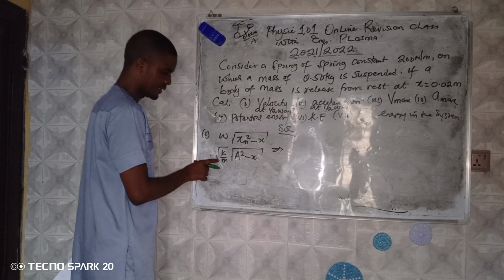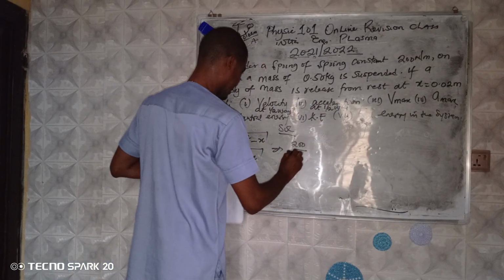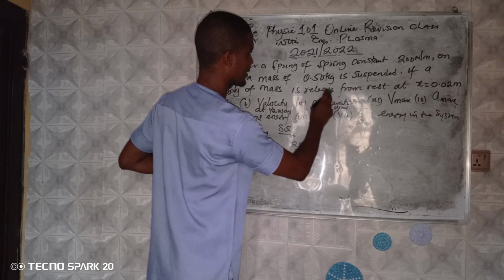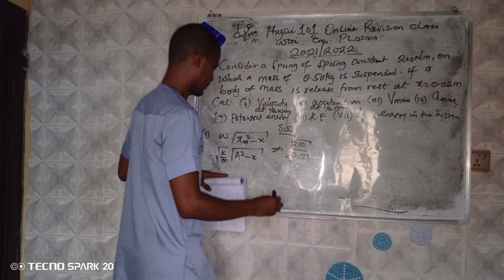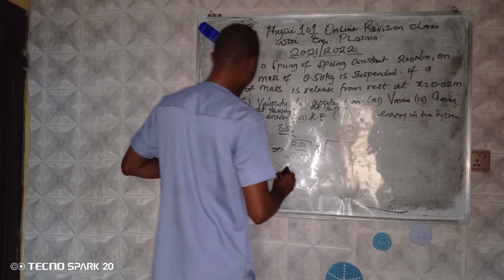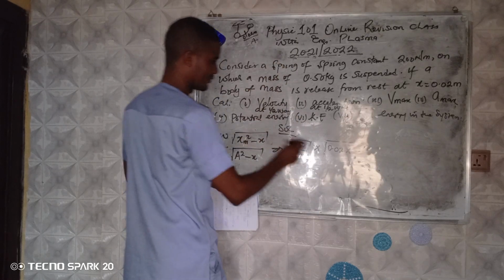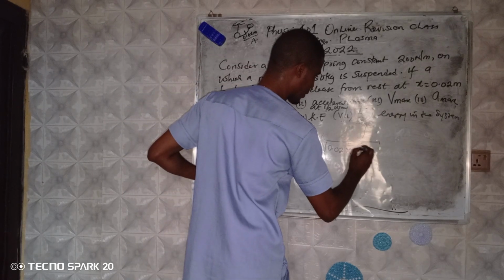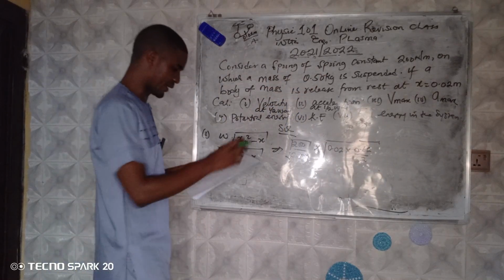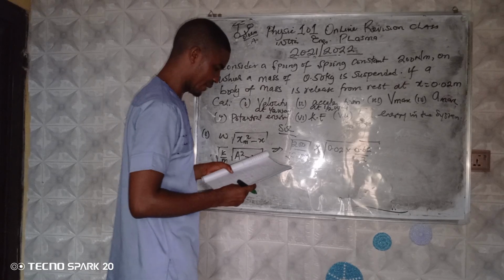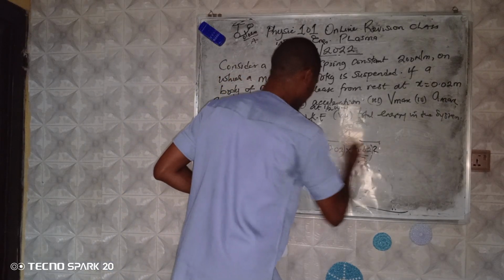This will give me k is 200 over m, which is mass 0.05, times root of amplitude 0.02 squared minus the halfway displacement, 0.02 all over 2, squared. Now, if you do this very well, this is all squared and this is all squared.